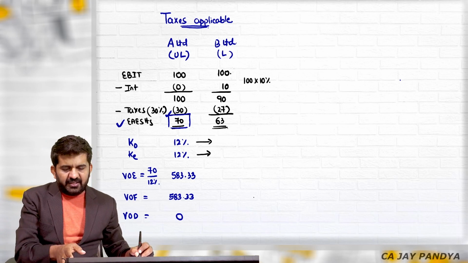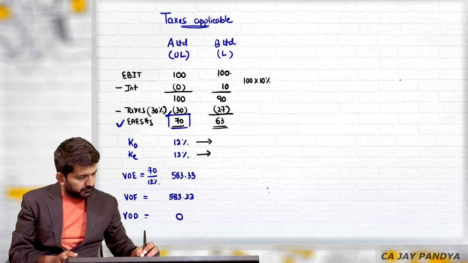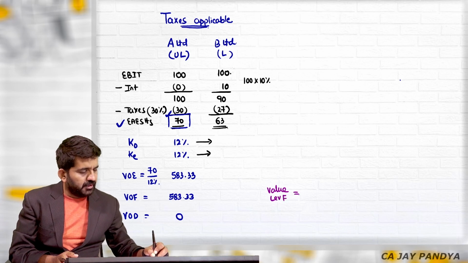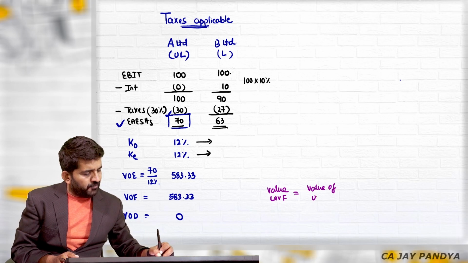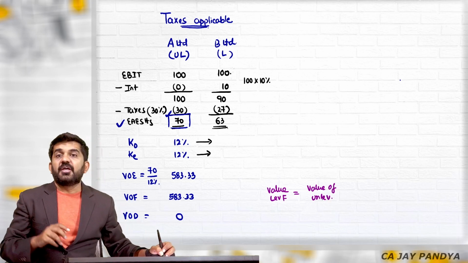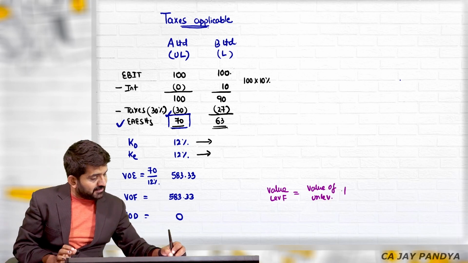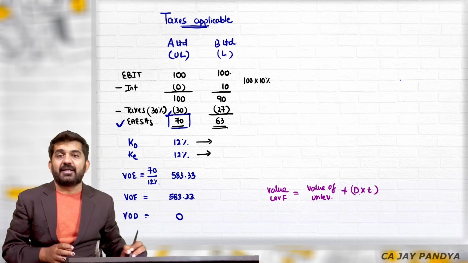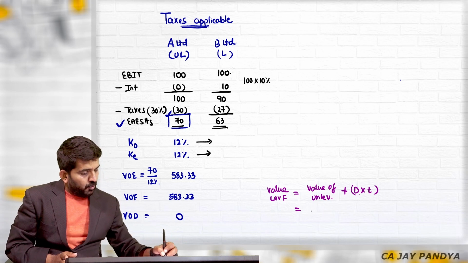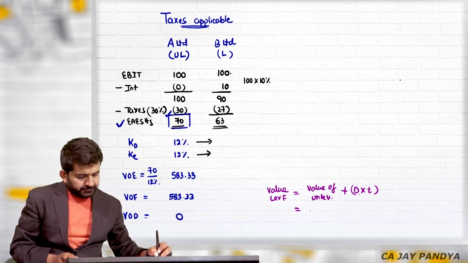This is how Modigliani-Miller explains it. Value of a levered firm is equal to value of unlevered firm if no taxes are applicable. If taxes are applicable, debt into tax rate will be added. What is the value of the unlevered firm?